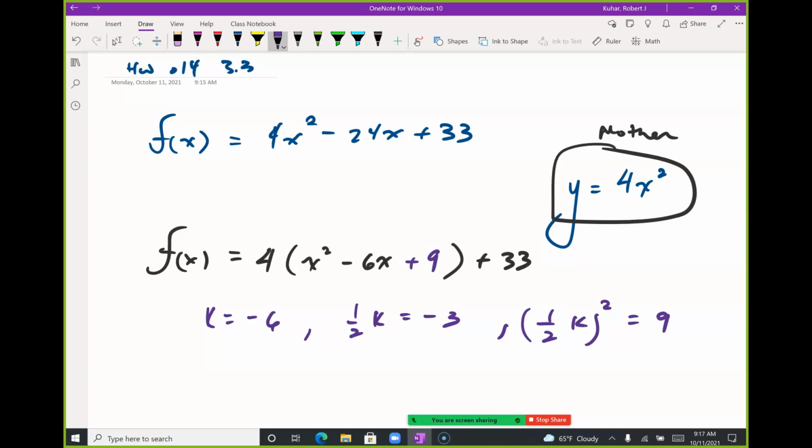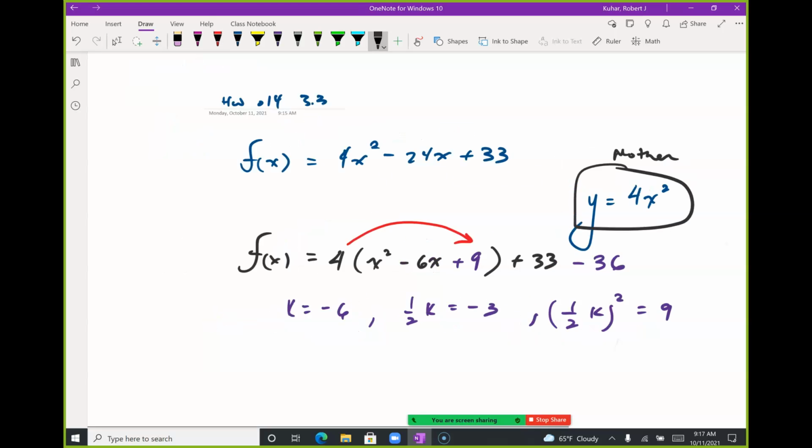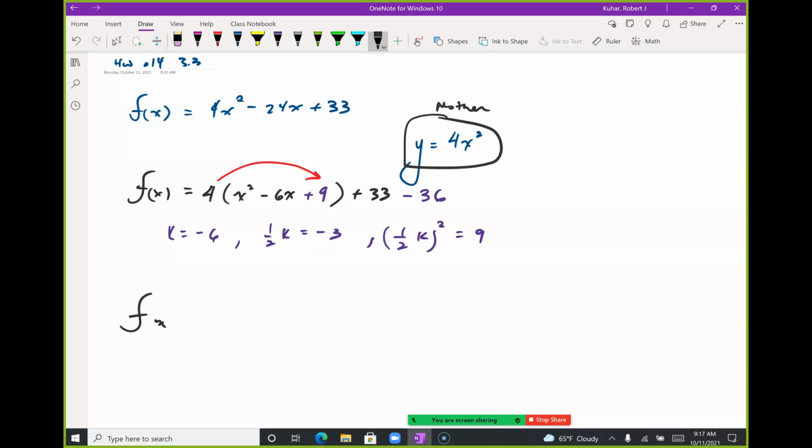I'm going to add 9 on the inside and subtract that result from the outside. And notice I get a 4 times 9 here. That's a 36. I have to cancel that 36. Sean, you with me? Yeah, I'm with you so far.